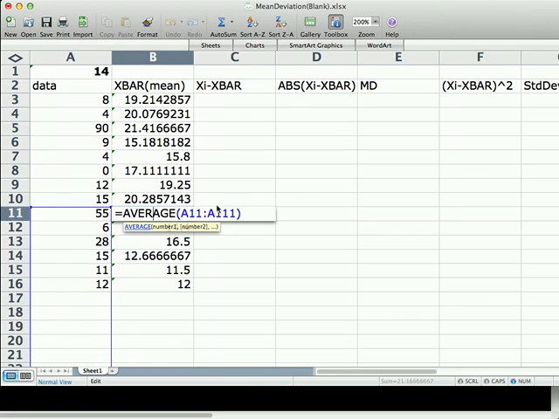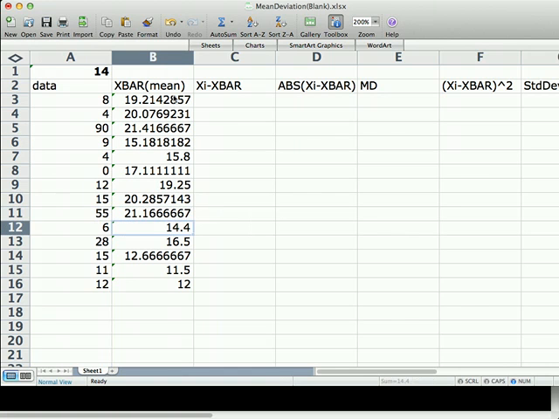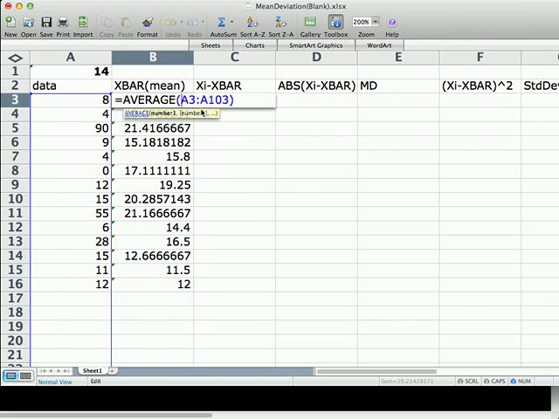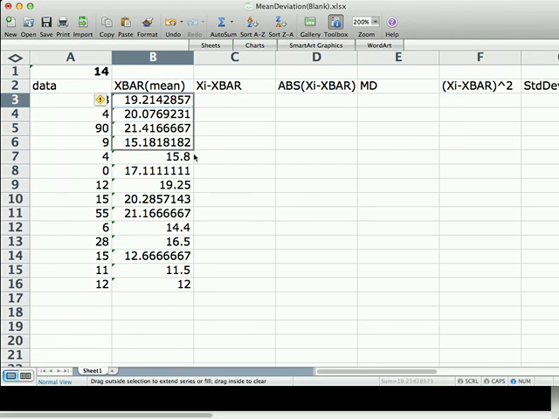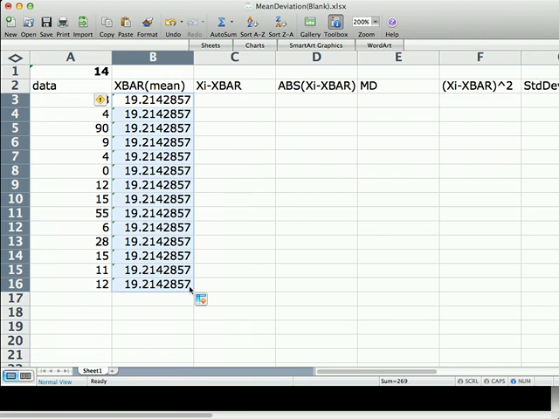What's the Excel solution for that? Oh, the money symbol, the dollar sign. Now when I drag it down, it is going to stay fixed as far as where it's pulling its reference from. Okay?